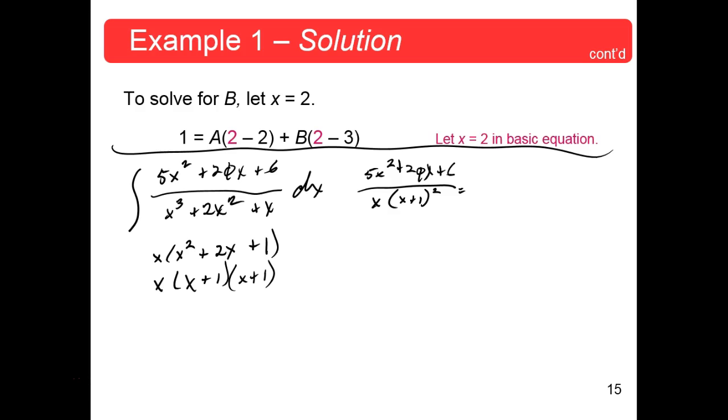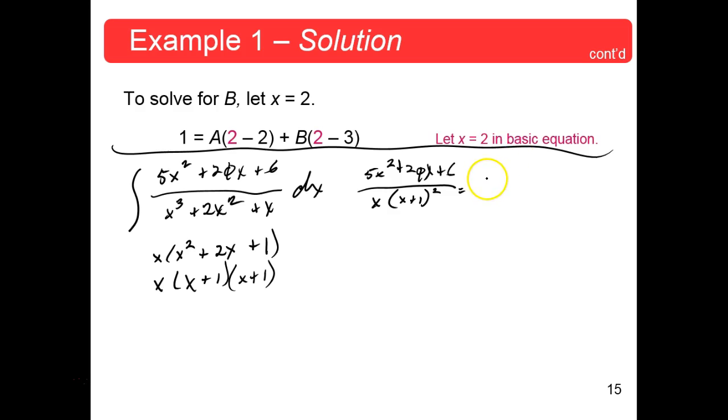Now, where do you go from there? Go back to my sketch. Linear factors. We're basically going to break that into pieces, and each of these is a linear factor.